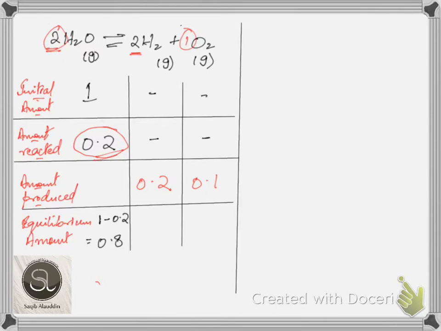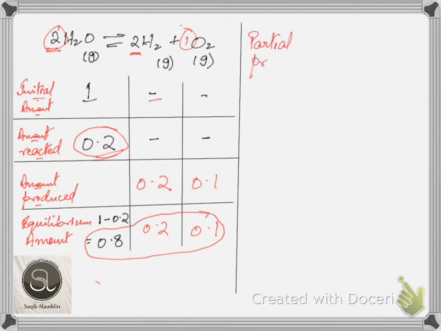In this case you will have 0.2 moles of hydrogen, because initially there was nothing and 0.2 were produced, and you will have 0.1 moles of oxygen at equilibrium. So these are the amounts which we have at equilibrium. Okay. Now, partial pressure.